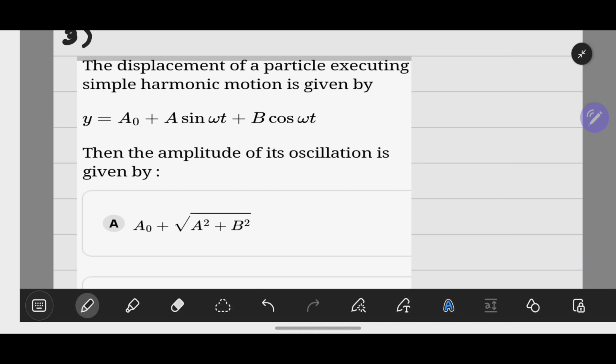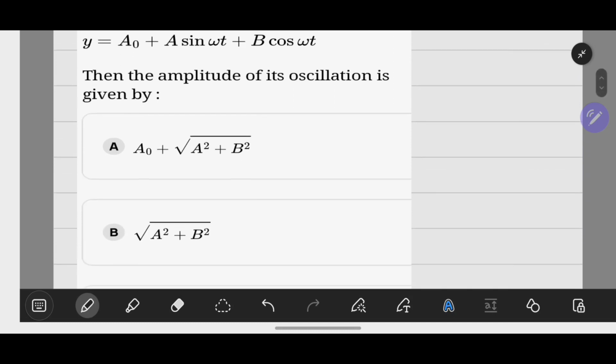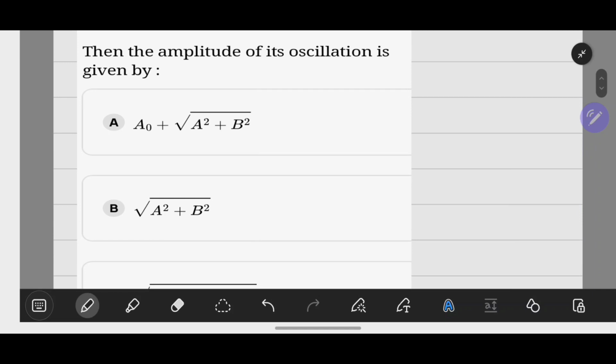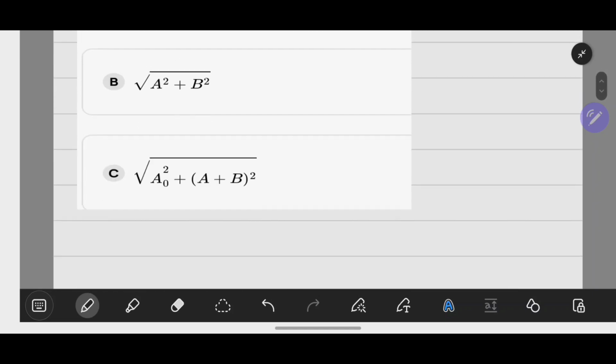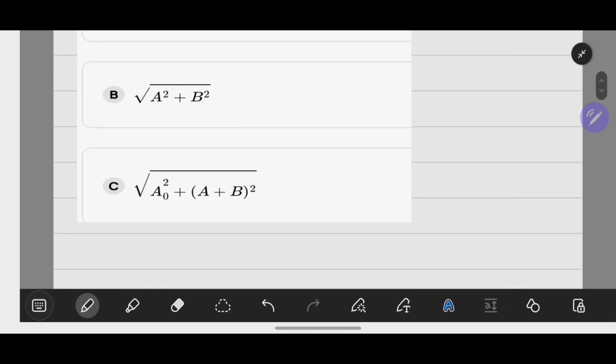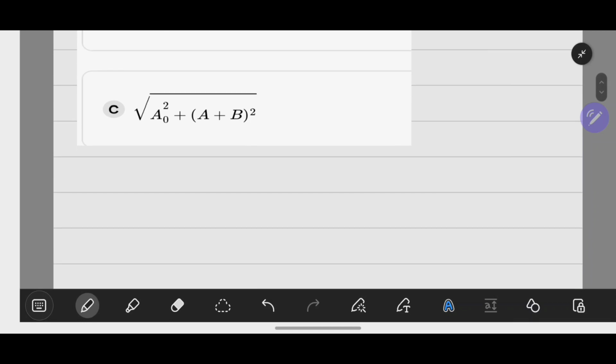Then the amplitude of oscillation is given by option A, a0 plus under root of a square plus b square. Second option, under root of a square plus b square. Third option, under root of a plus b whole square. And the fourth option D, under root of a square minus b square.